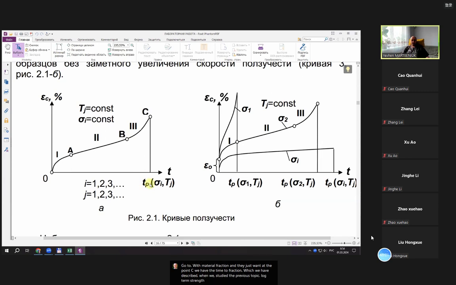So long-term strength corresponds with this point in such a diagram. Time to fracture and the corresponding level of stress under which the material can operate. But here is the strain.